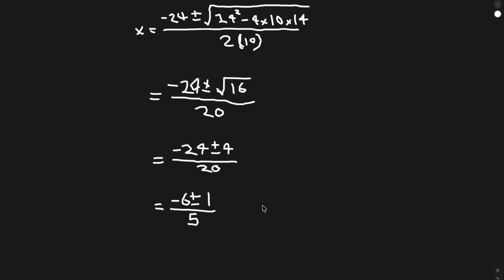So x is equal to negative 6 plus 1 is going to be negative 5 on 5, which is the same as negative 1, or negative 6 minus 1 is going to be negative 7 on 5.